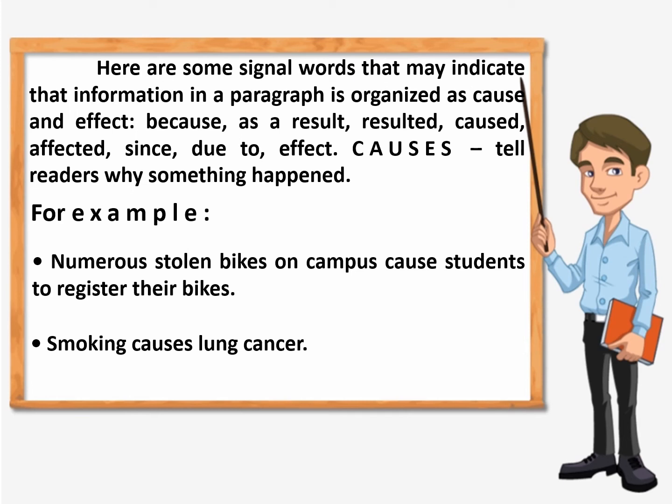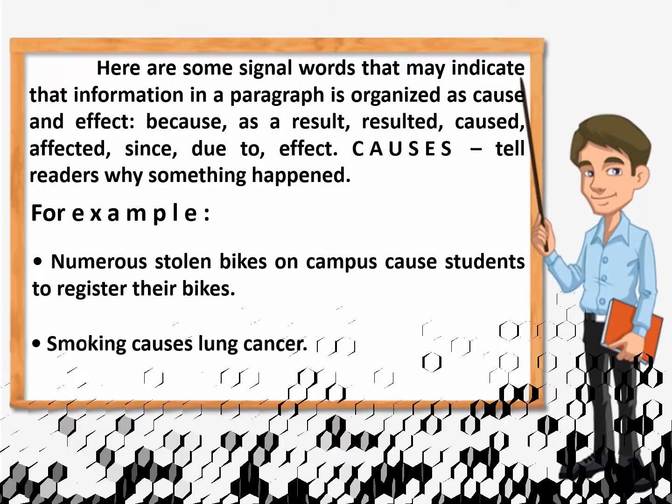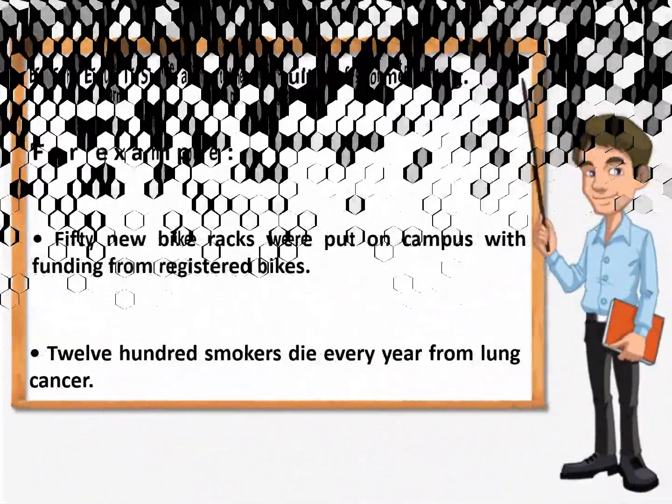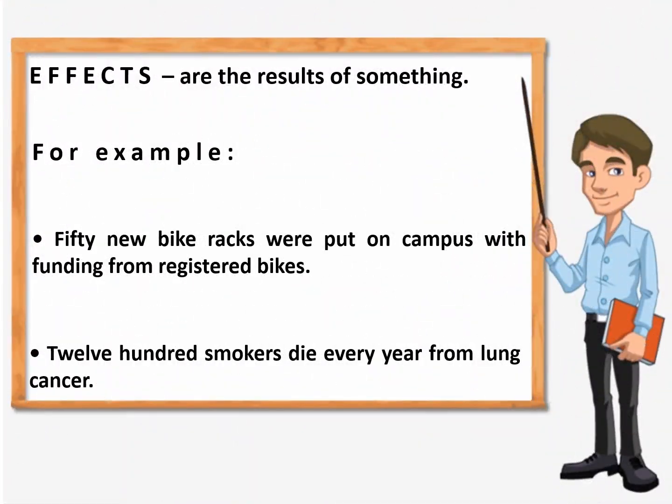Smoking causes lung cancer. And the effects are the results of something. For example, 50 new bike racks were put on campus with funding from registered bikes. And lastly, 1,200 smokers die every year from lung cancer.